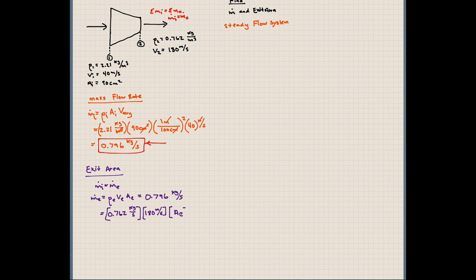That's what we're trying to find, and this is all equal to 0.796 kg per second. So if we calculate this, the exit area is equal to 0.0058 meters squared, and that's equal to 58 centimeters squared. So that would be our exit area here.